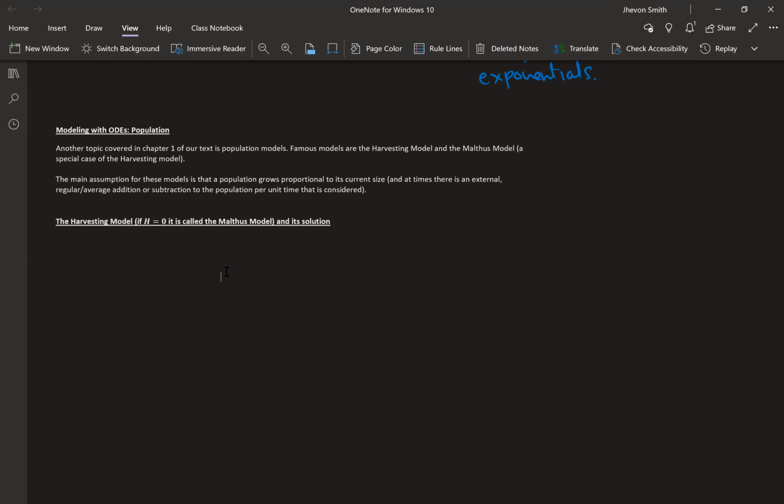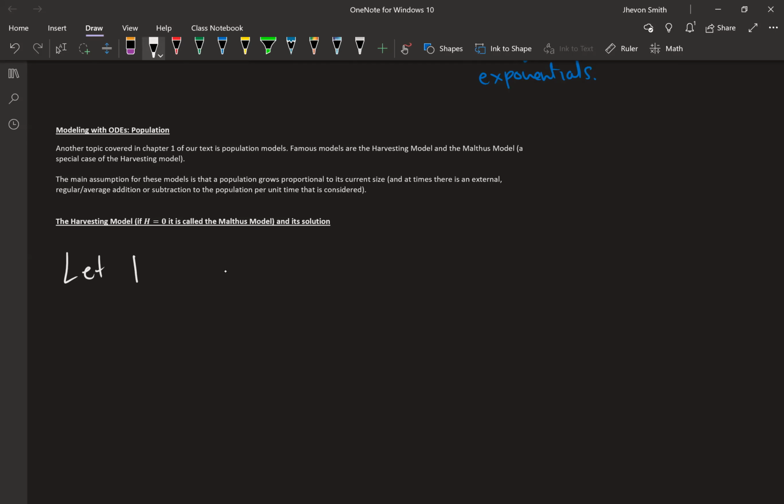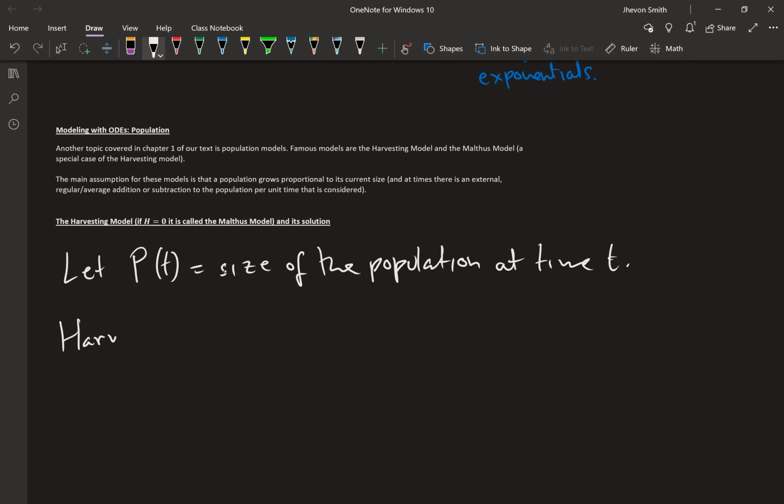Essentially what this means is that if I let P of t equal the size of the population at time t, the harvesting model assumes that the rate of growth, P prime, is going to be some fixed proportion of the original population.